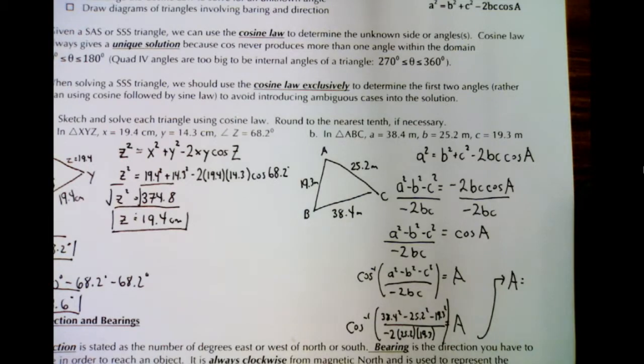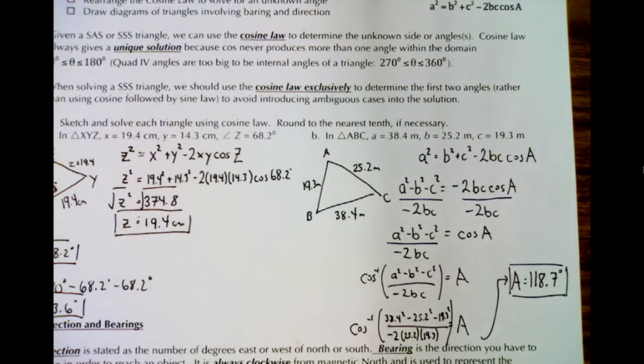And we get 118.7 degrees. So that's the example of doing cosine law to solve for an angle.